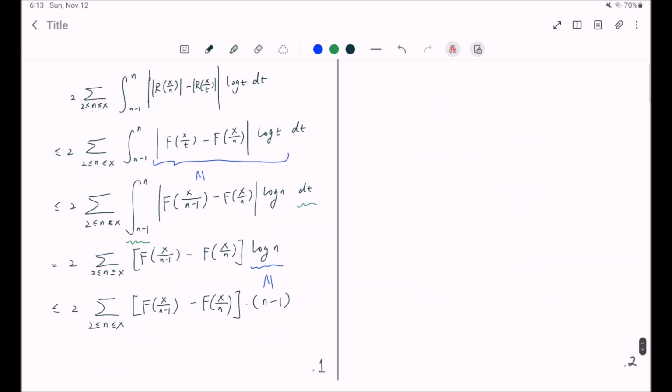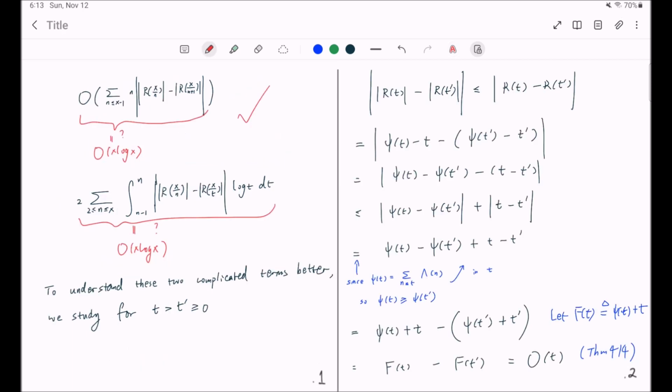And this guy is again a big O of x times log of x. And this verifies the second part.